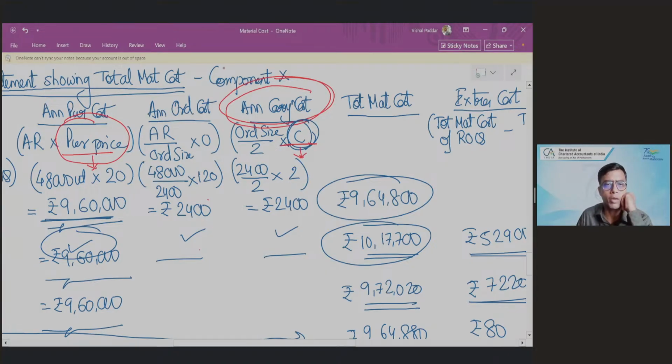Because how have we calculated carrying cost? We have calculated carrying cost by multiplying the percentage given with the price. I hope you all remember this. Now, if this price is reducing because of discount, will the carrying cost reduce or not? That is the main point.